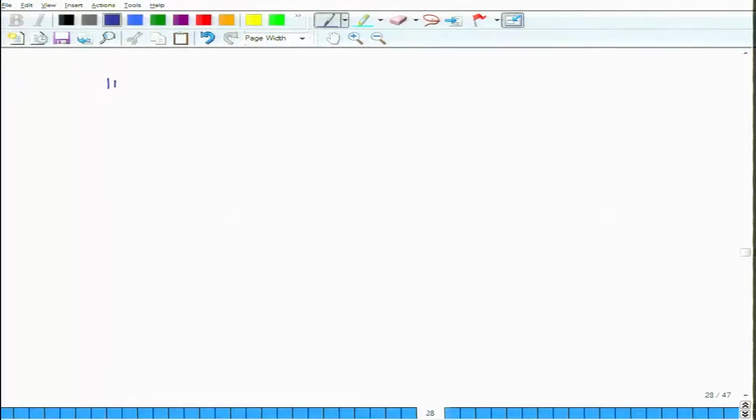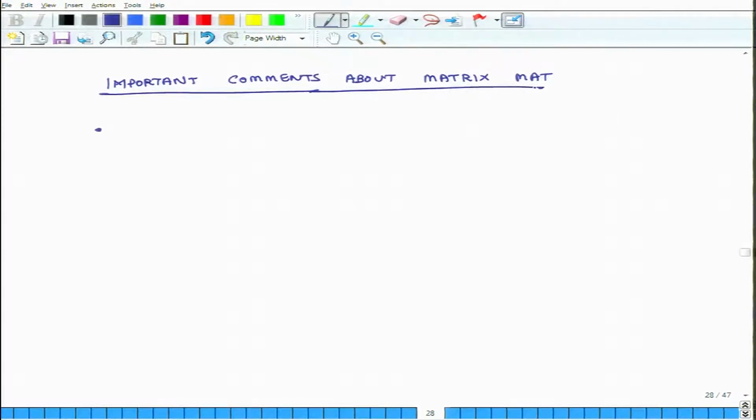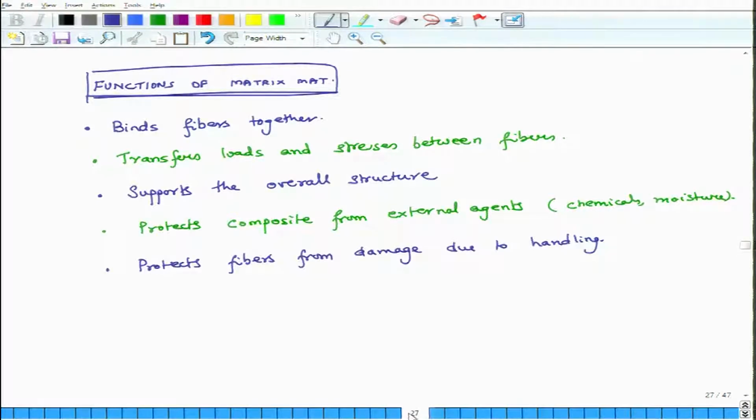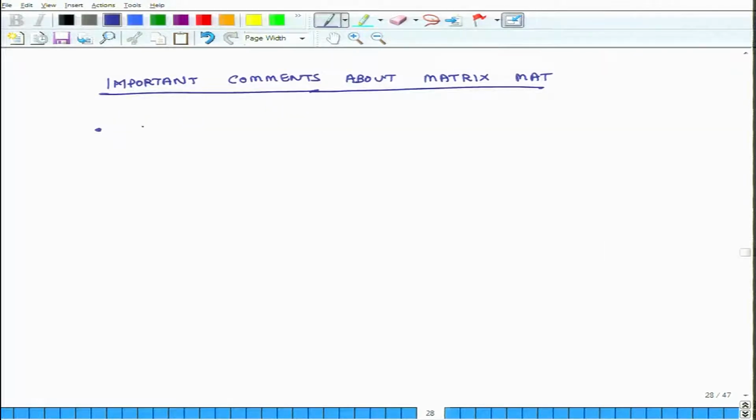Okay. So, some important comments about matrix materials. This is from a functional standpoint, but there are some other things which matrix has a very strong influence on. So, what does it influence?